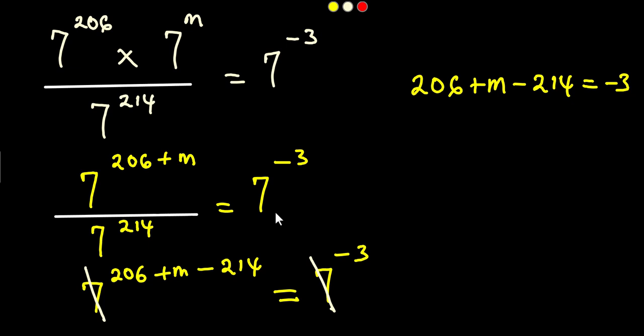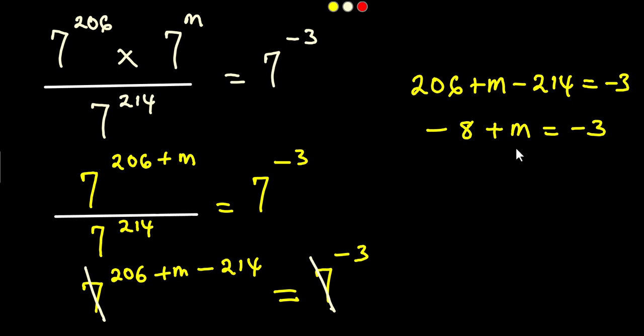So how do we do this? You do 206 minus 214. I think it could be anything like minus 8. Okay, yeah, it's minus 8. Now you add m to it, and that's equal to this number here, which is minus 3.